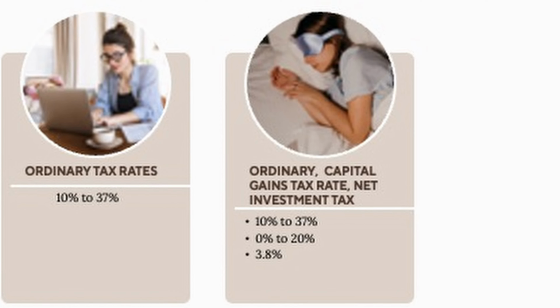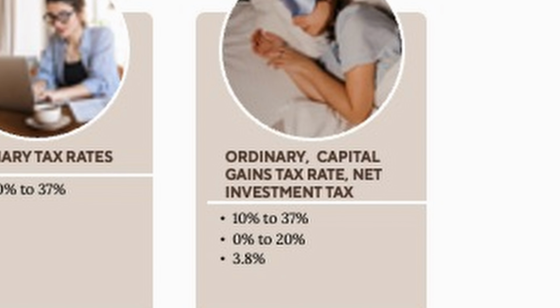And then if we look at our investment income, that has a mix of a lot of things. Some of that investment income could be subject to ordinary tax rates, the 10% up to 37%, or it could be subject to capital gains tax rates, which go from 0%, which is amazing, up to 20%.